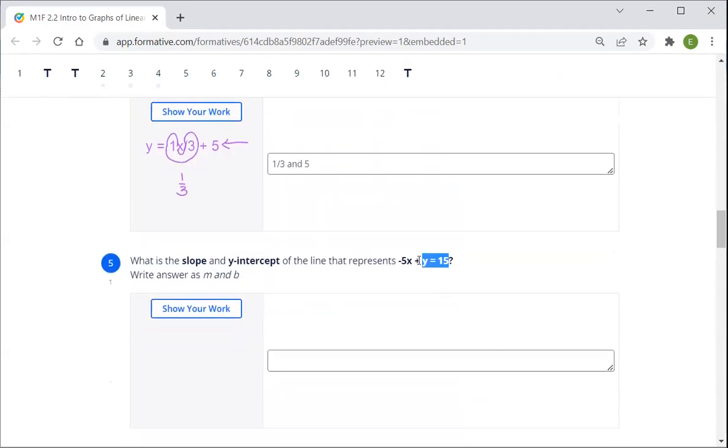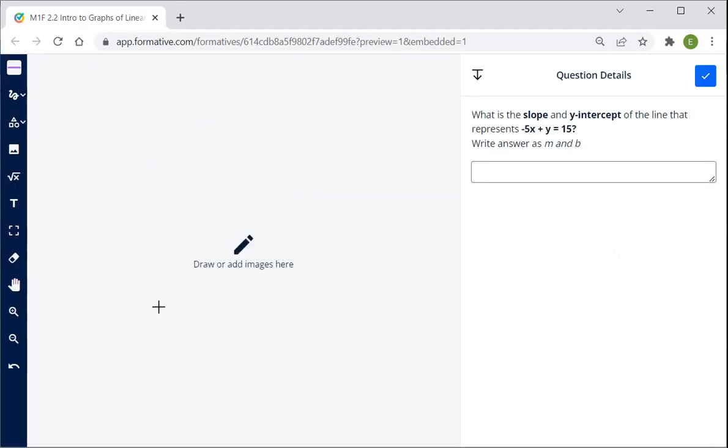Last but not least, this one is not in slope-intercept form. So we've got to do a little bit of moving around and solving before we can find our slope and intercept. Remember, y equals mx plus b, that means it's equal to y. So we want to solve for that y value.